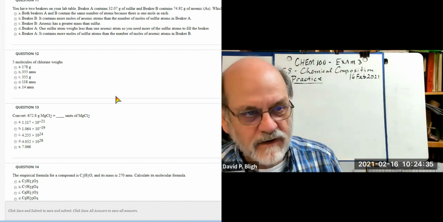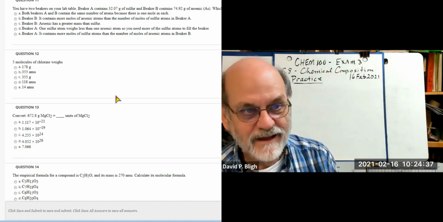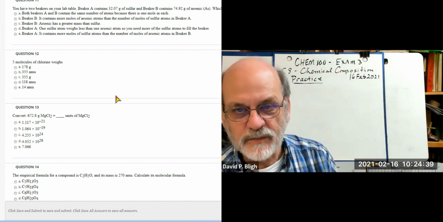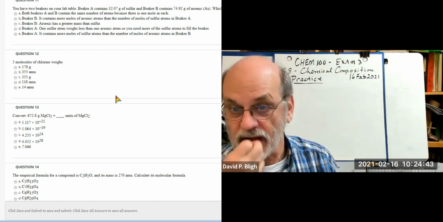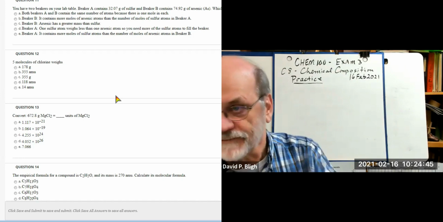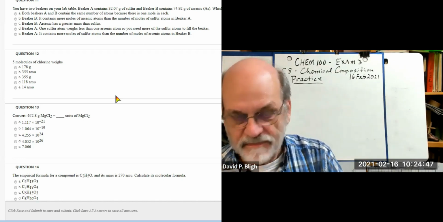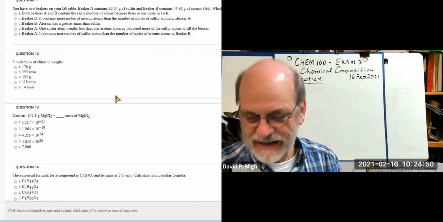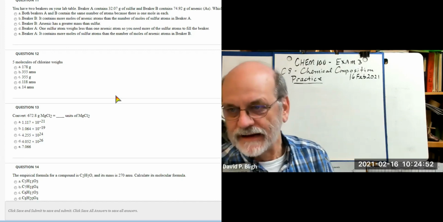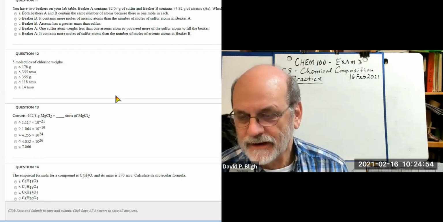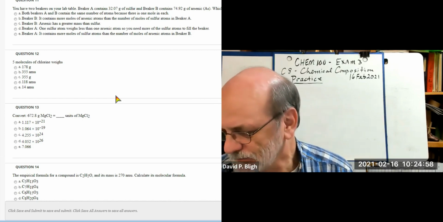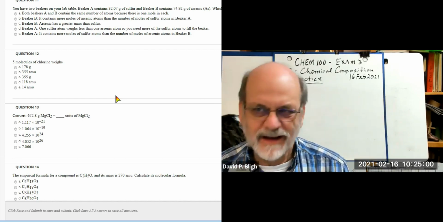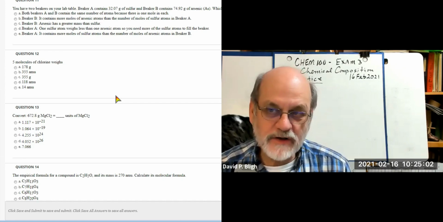What's the verdict for number 11? Which beaker contains more atoms? No idea? It's kind of a trick question, actually.